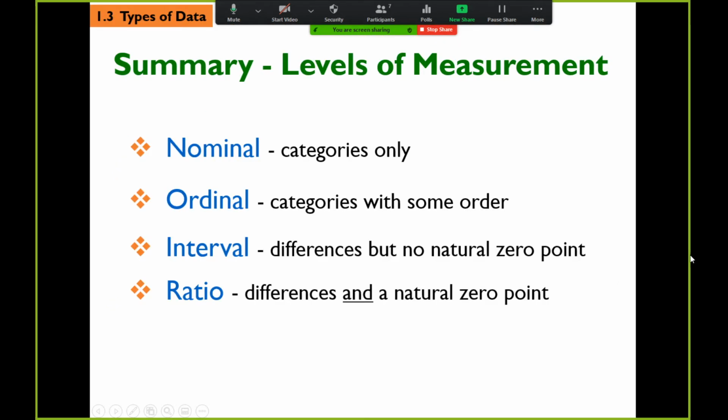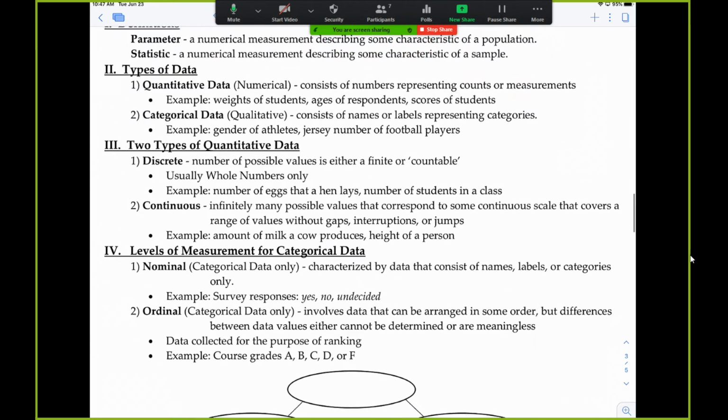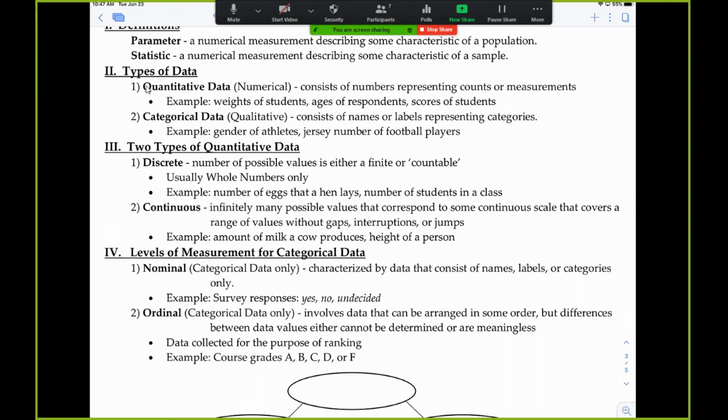So types of data. I'm going to go back to the notes, and here are the definitions of the types of data. We have quantitative type data and we have categorical type data. Broadly speaking, that's what we're going to look at.